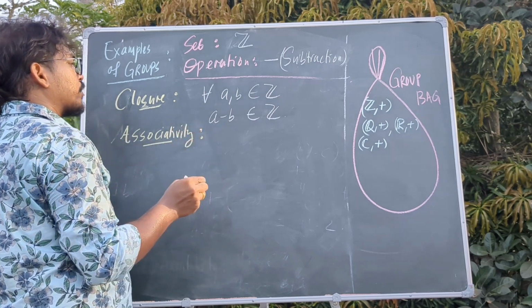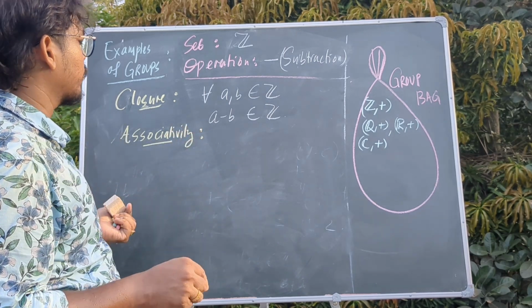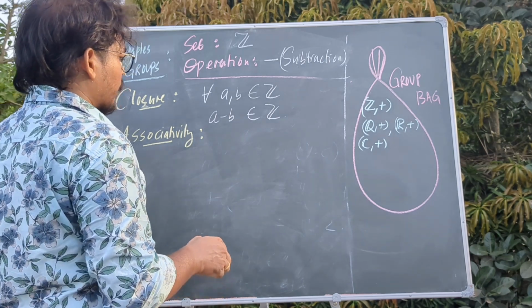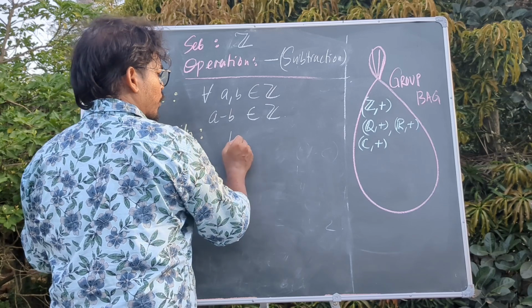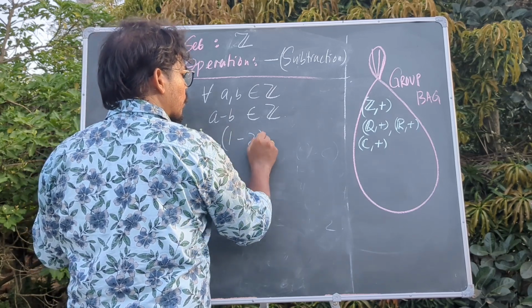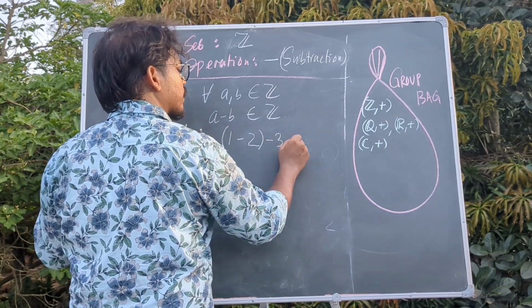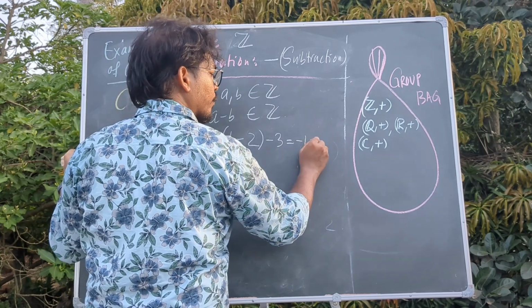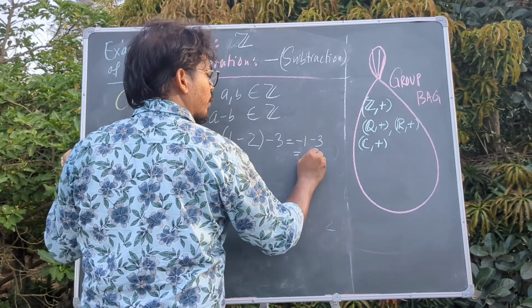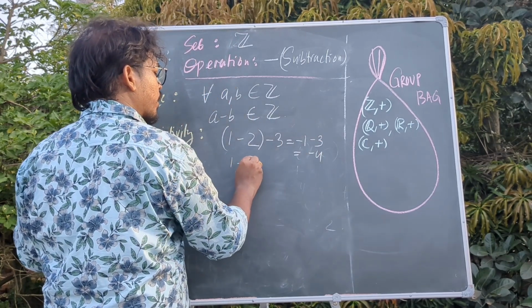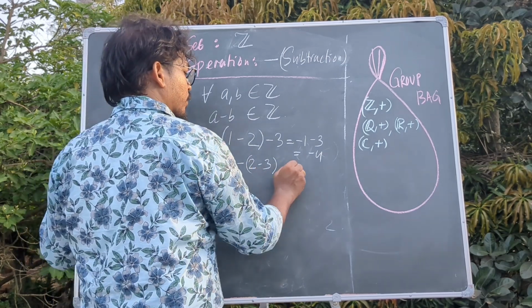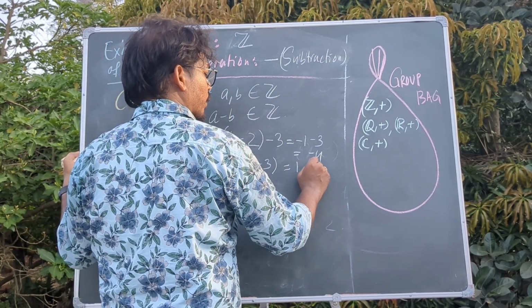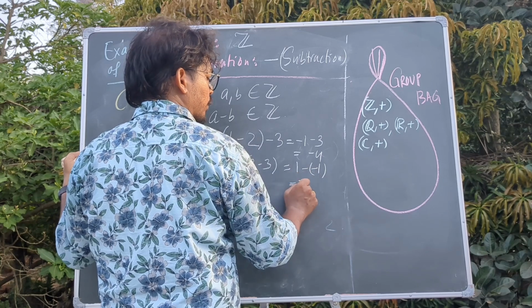Does associativity hold in the set of integers under the operation of subtraction? The answer turns out to be no, because (1 minus 2) minus 3 is minus 1 minus 3, which is minus 4, but 1 minus (2 minus 3) is 1 minus minus 1, which equals 2.